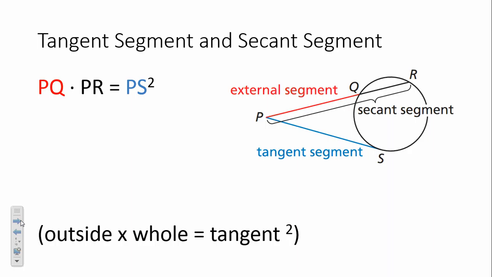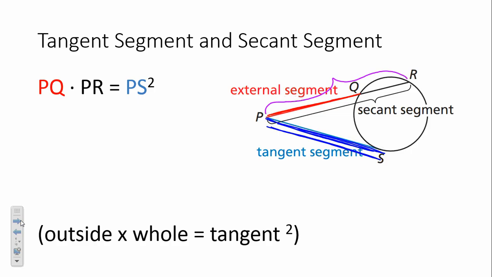We have a theorem, the tangent segment and secant segment theorem, that says that the external segment times the whole segment, the whole secant, is equal to the tangent times itself. The way I remember it is I say the part that's outside times the whole equals the part that's outside times the whole.